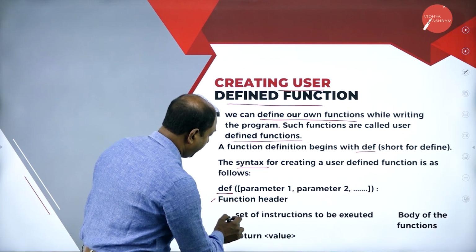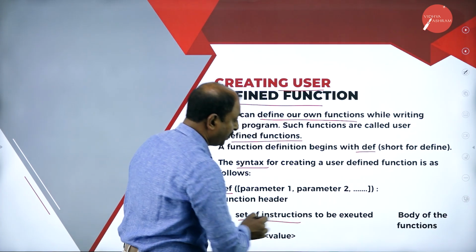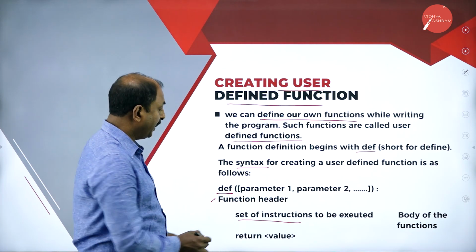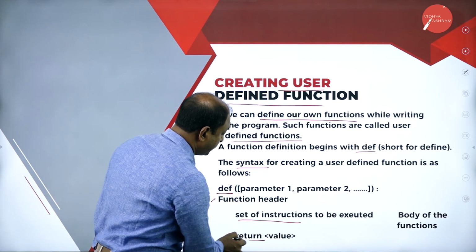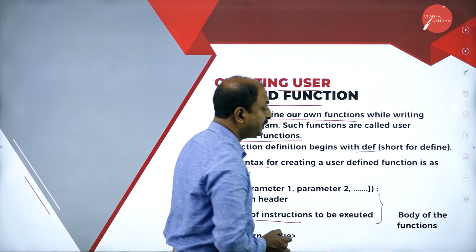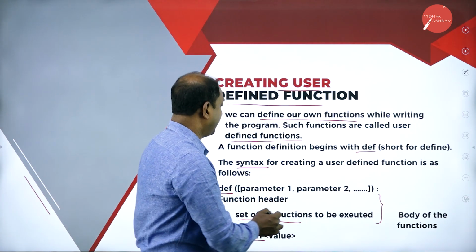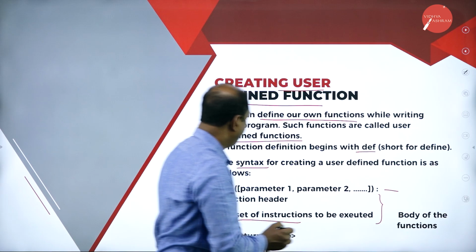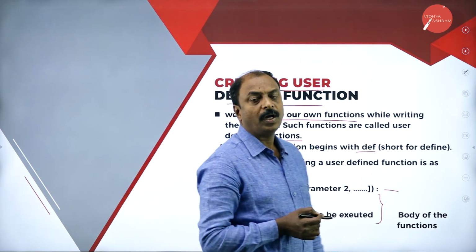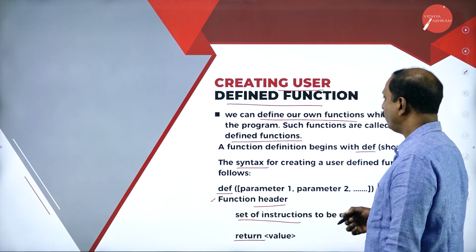Then we write the code, or set of instructions, to be executed. Finally, the return value. Return is a return statement. From here to here is the body of the function, and this is the function header. So this is the syntax of how to define a user-defined function.